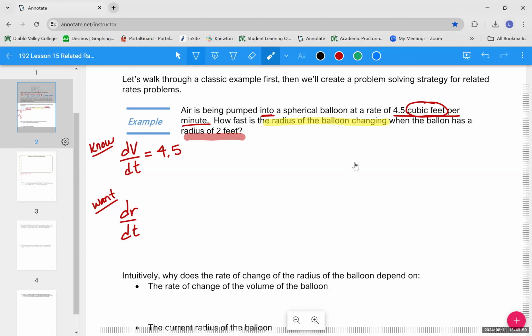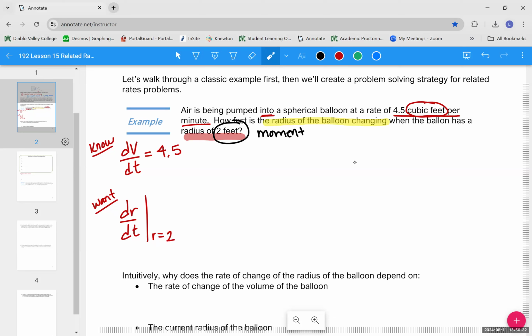But when we talk about instantaneous rates, we need to have that moment at which we're measuring that rate. Okay. So the way we denote that in this want scenario is we draw a vertical line and we'll write r equals 2. And that is a way of denoting that this is what we're looking for at this moment. So this is what I know and this is what I want.